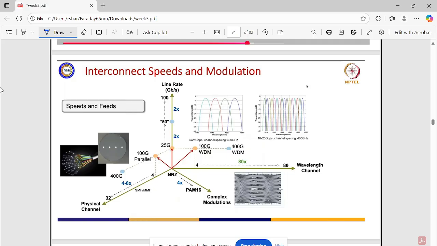So we can have more parallel lanes to increase the bandwidth. Next is going into the optics, multiplexing multiple wavelengths into an optical fiber. All these parameters have certain limits related to the current technology.